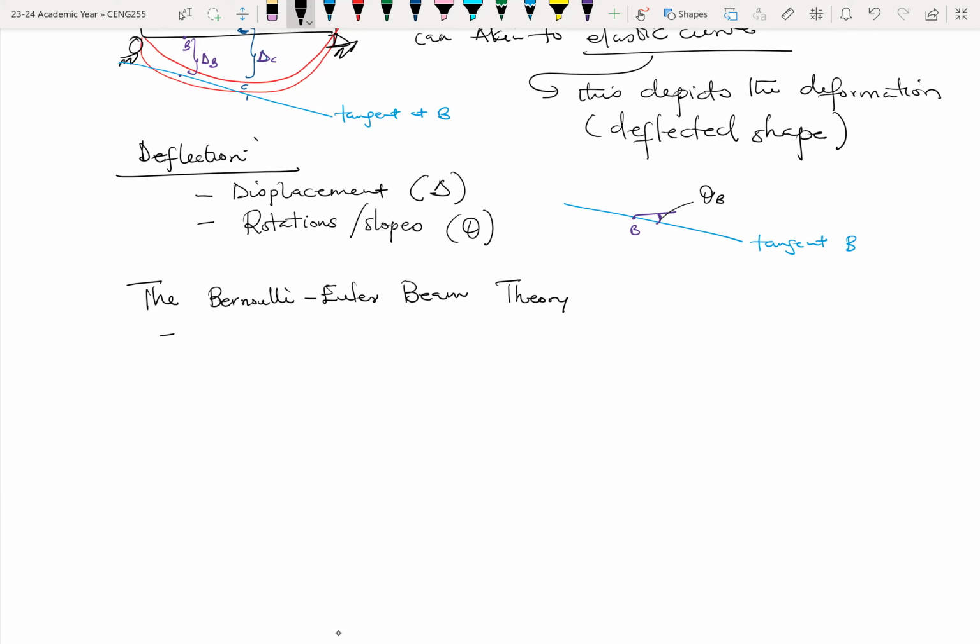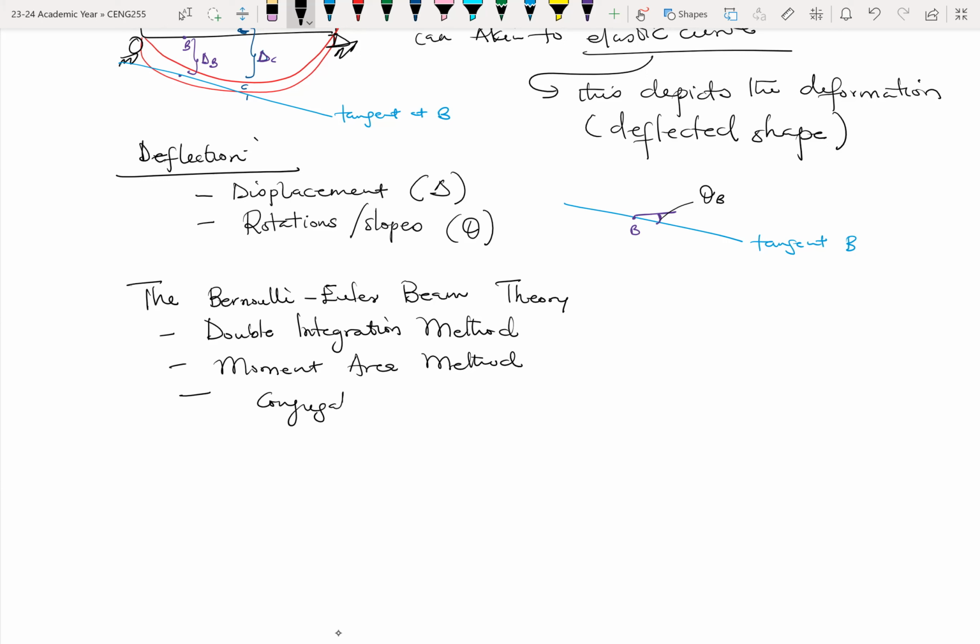So with that, we have what you call the double integration method, the moment area method, and then the conjugate beam method.